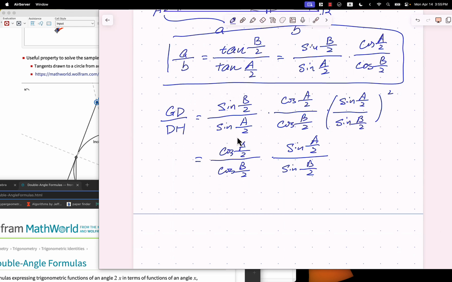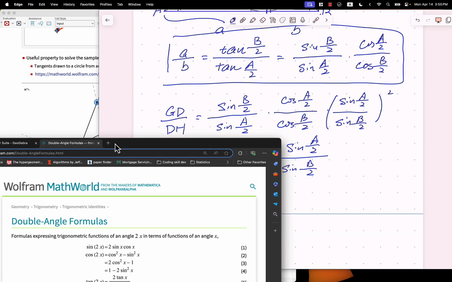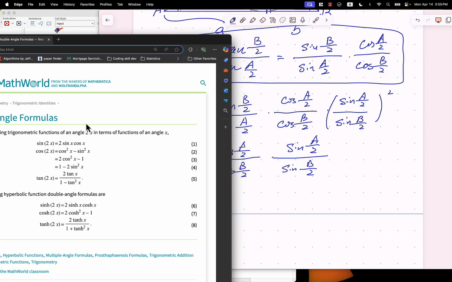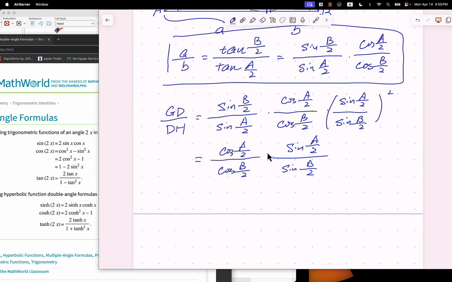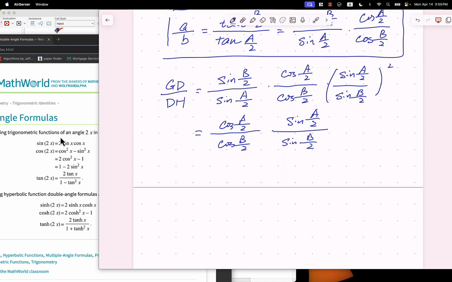On the denominator, we have sine half A times cosine half A. And if we multiply by 2 on both the denominator and the numerator, we have exactly the double angle formula, times 2 over 2.